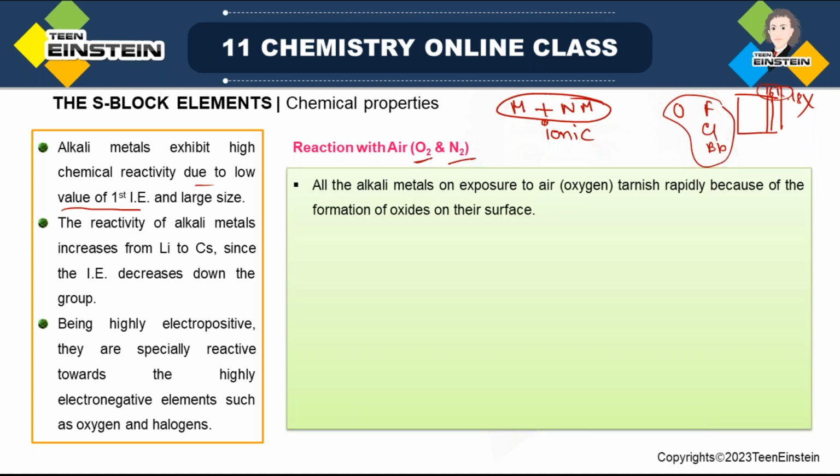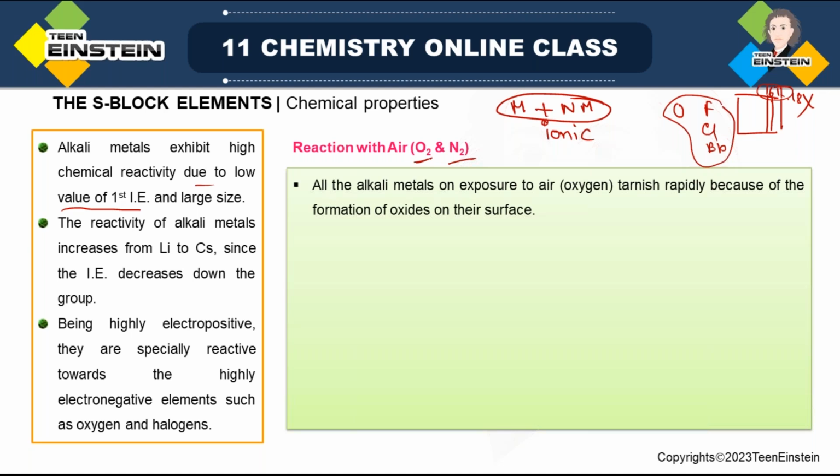Okay, so when exposed to air, the first thing that will happen is rapid tarnish on their surface. The shiny surface will no longer shine. The shine will go, because there is a rapid reaction with oxygen. For lithium and sodium, okay, fine, you can bring them out of the oil and you can cut them with a knife.